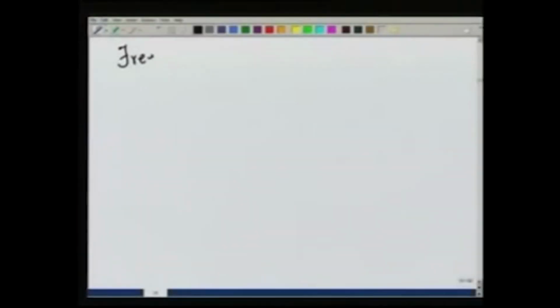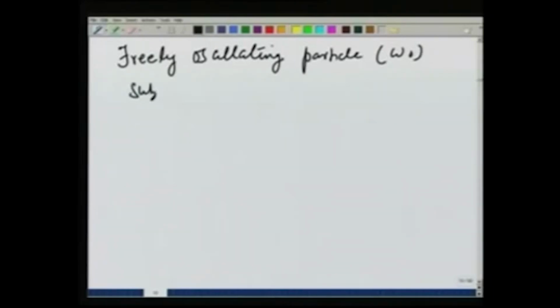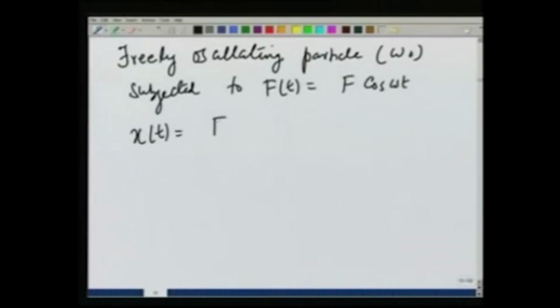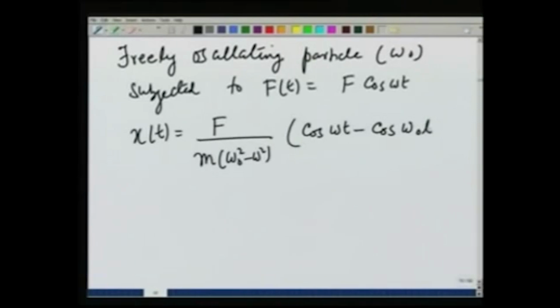So, general solution for a freely oscillating particle with natural frequency omega 0 subjected to a time varying force which is f cosine of omega t is x t is equal to, let me take this out, f over m omega 0 square minus omega square times cosine of omega t minus cosine of omega 0 t.